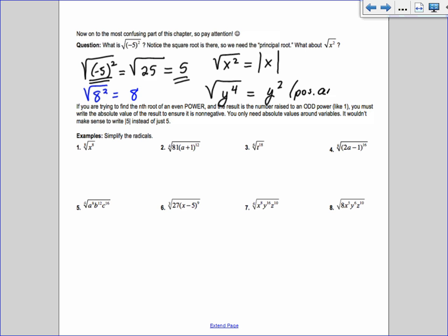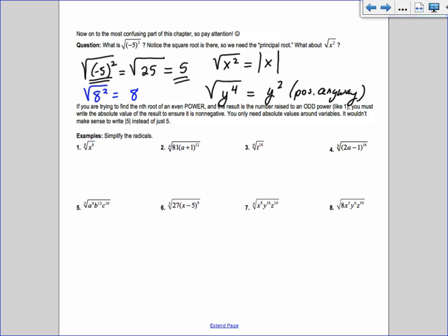It's kind of redundant. If I had 5, I'm not going to write the absolute value of 5. I'm just going to keep it as 5. Same thing with x squared or y squared. That's already positive. I don't need absolute values around it. It's going too far, right? It's already positive. So you have to think about that.